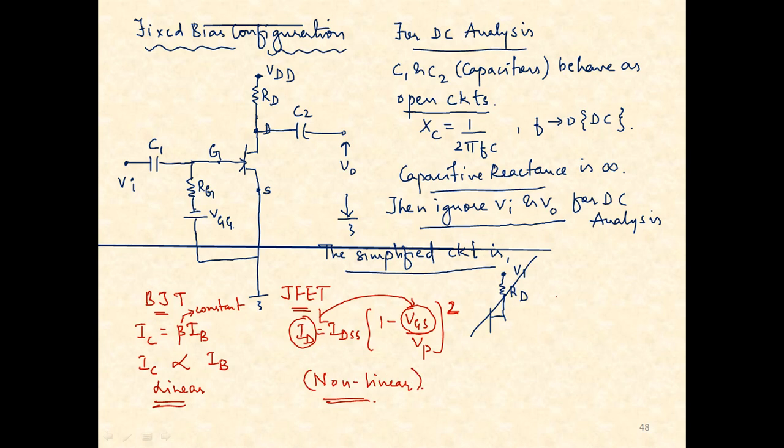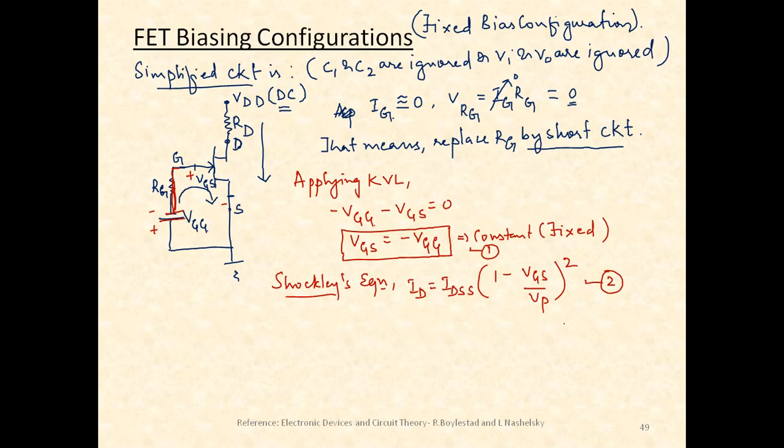If the JFET were a linear device, there would be a linear characteristic of this type. However, unfortunately it is a non-linear device, so linearity does not exist in the case of a JFET.